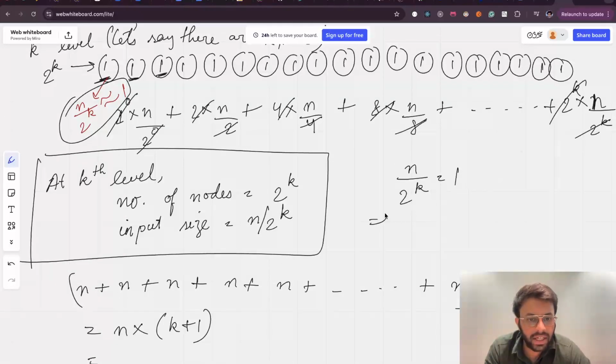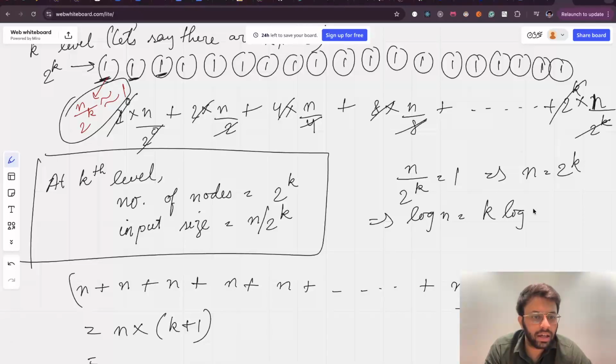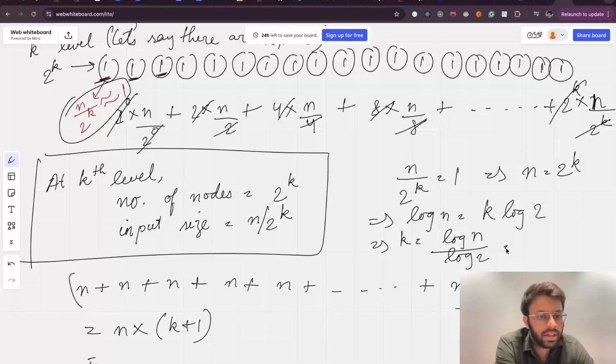That means n by 2 power k is equal to 1. That means I'll take log on both sides. I'll say n is equal to 2 power k. I'll say log n is equal to k log 2. So k is equal to log n by log 2, which is log n base 2.